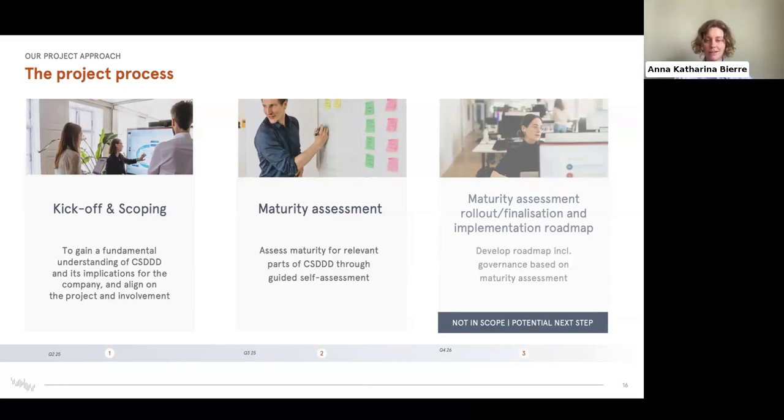And this is probably where this project deviates a bit from the more classic consultant delivery, because it's actually the client conducting the maturity assessment themselves. And we, of course, support along the way. And then finally, the first step is also for us in Nordic Sustainability to get a fundamental understanding of the client, to be better advisors throughout the project.